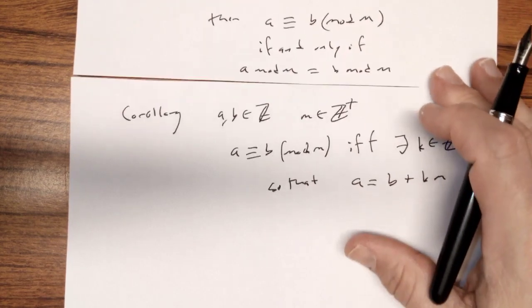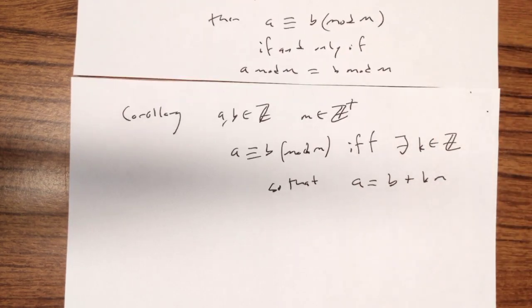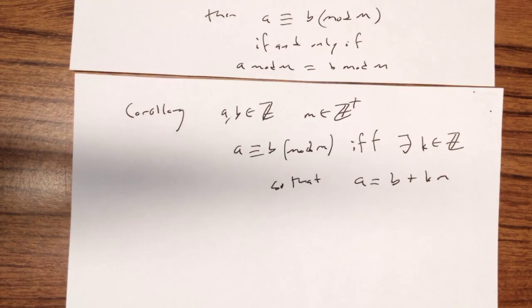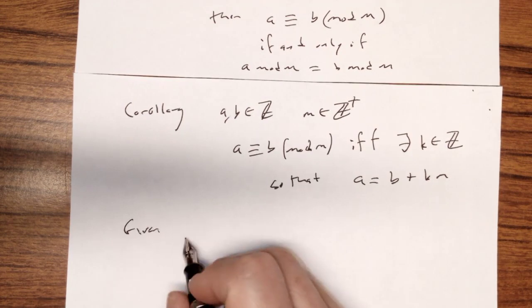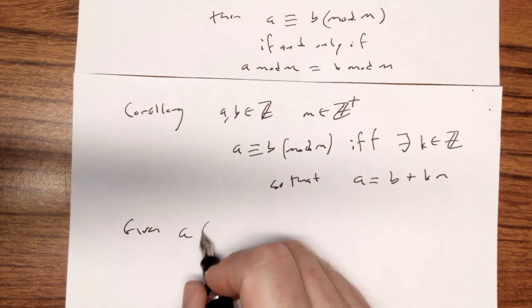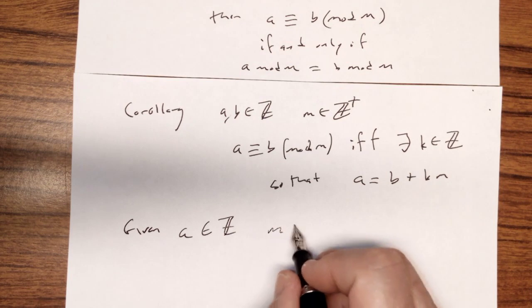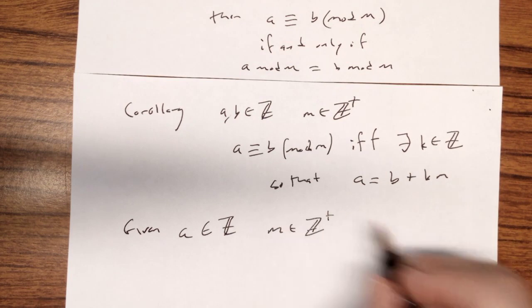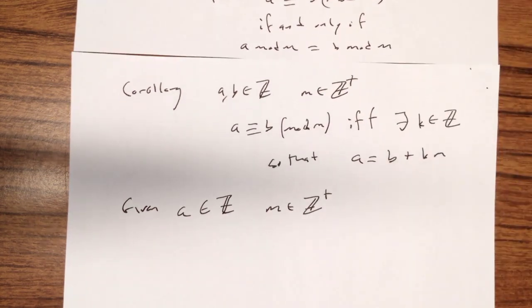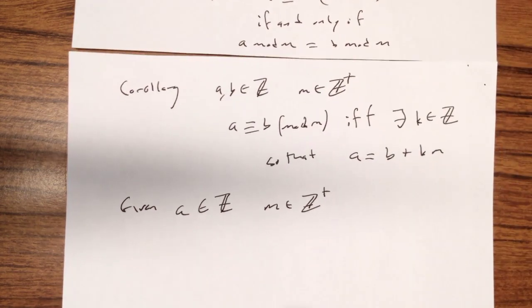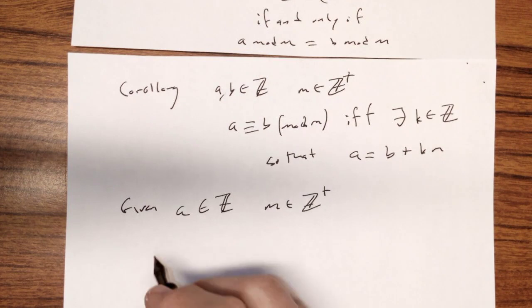So that means I could think of all of the numbers that are congruent to one fixed number. I could look at the collection of numbers that are congruent to A mod M.